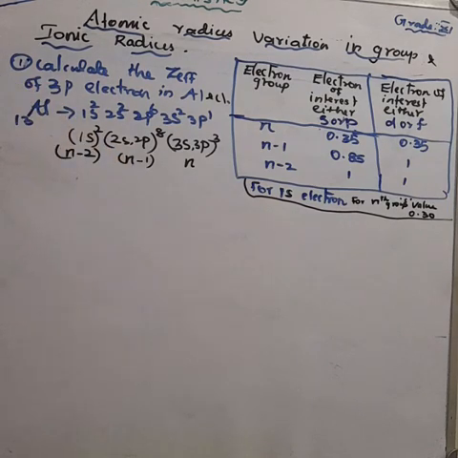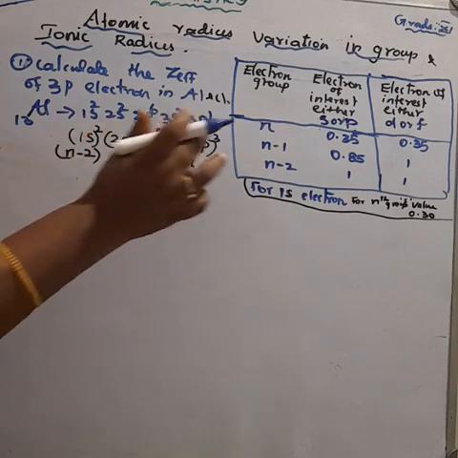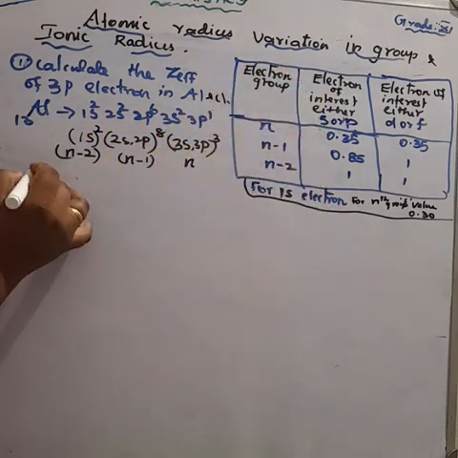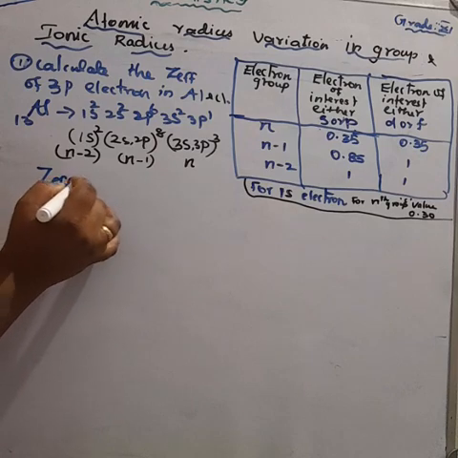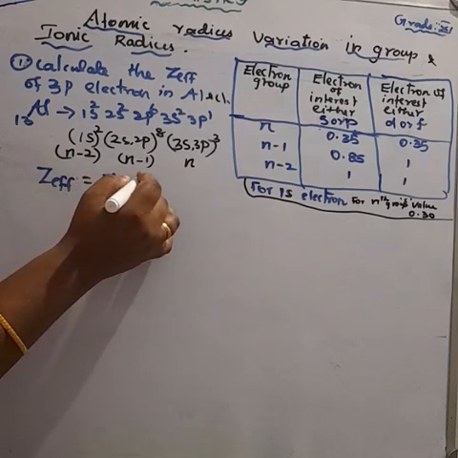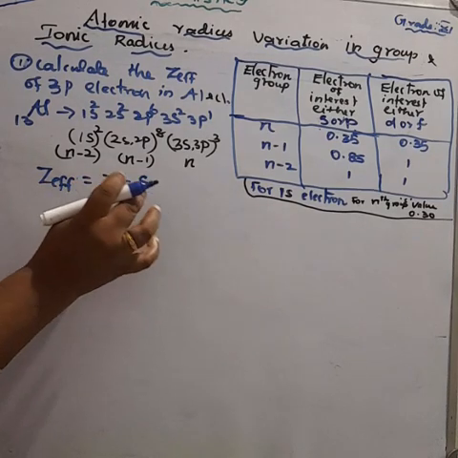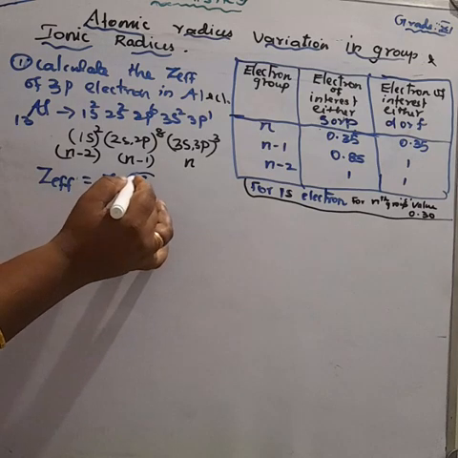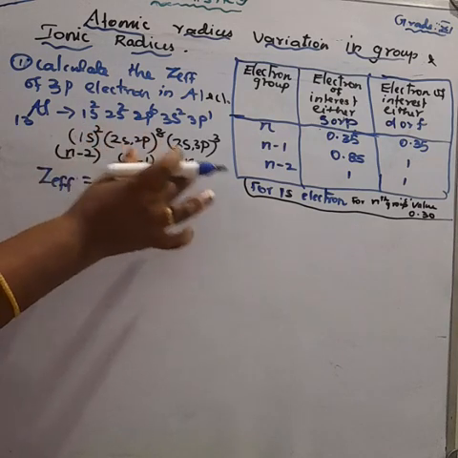Already we know the formula for calculating effective nuclear charge: Zeff is equal to Z minus S. Z means atomic number, S means screening constant. First we have to calculate the screening constant for each electron in this group.